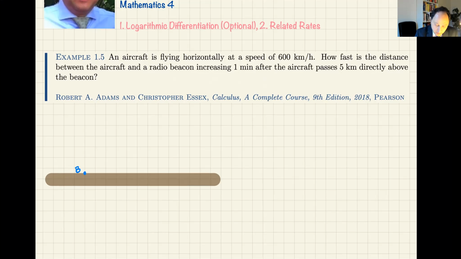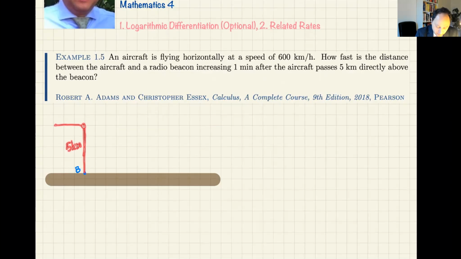How fast is the distance between the aircraft and a radio beacon increasing 1 minute after the, okay, what does it mean? It means that the airplane is flying in, for example, here, okay? And this is 5 kilometers directly above this beacon. But of course, this airplane comes here.